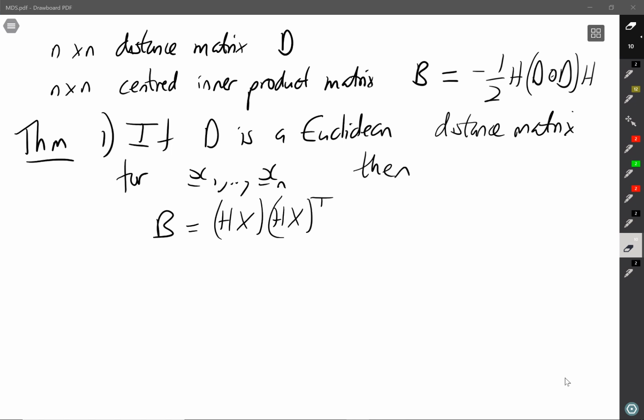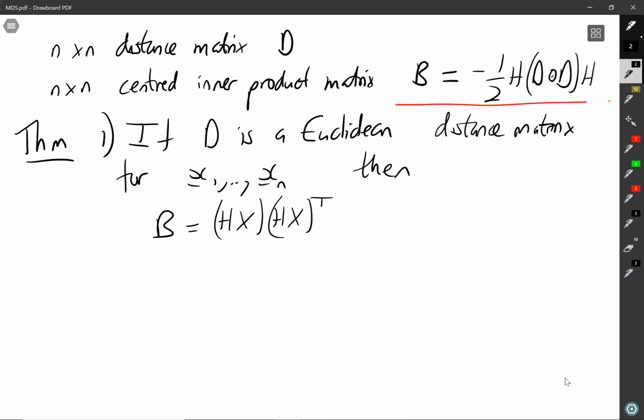The first part is the less interesting part, but it says that suppose we've got a distance matrix D, and its corresponding centered inner product matrix B, which as we've just said is minus a half H, the Hadamard product of D with itself, H. Then the theorem says that if D is a Euclidean distance matrix for some set of points x1 to xn, then one way to compute B is to take the centered version of X times the centered version of X transposed.